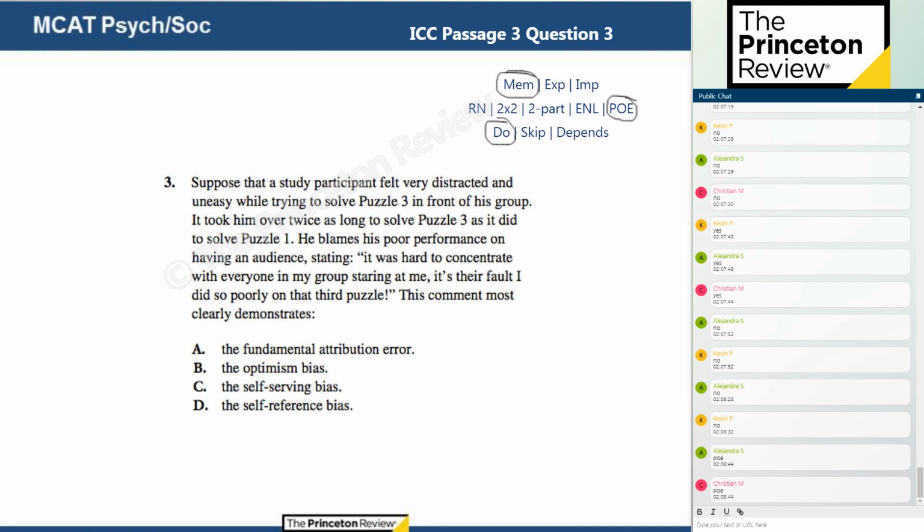So if we're saying it's hard to concentrate with everybody in my group staring at me, it's their fault I did so poorly on that puzzle. Is that the fundamental attribution error? No. Is that the optimism bias?